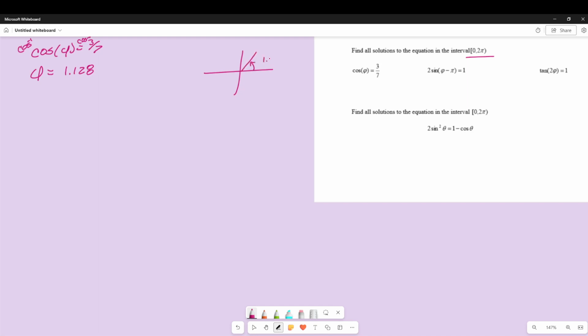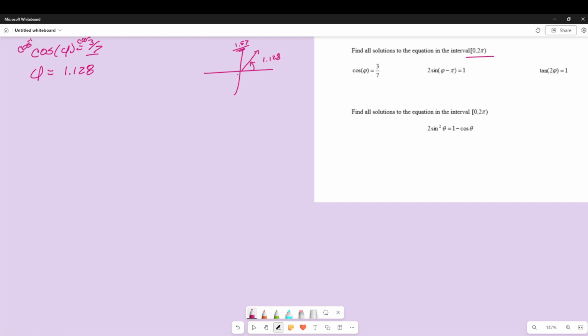We know it's in quadrant 1 because quadrant 1 stops at 1.57, half of pi. So 1.128 is nicely in quadrant 1. The ratio was positive, and cosine's positive in that quadrant anyway.